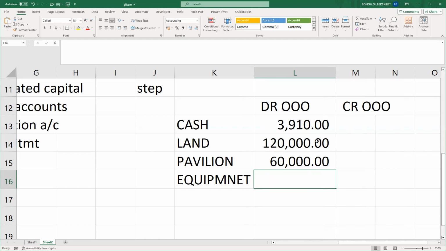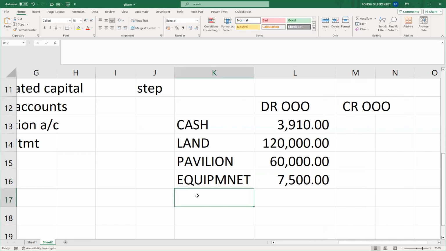So what is the cost of equipment? That is 7.5 million, 7,500. What other assets have I seen? Inventories.